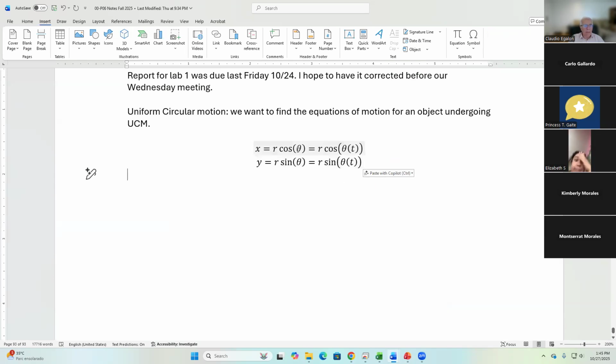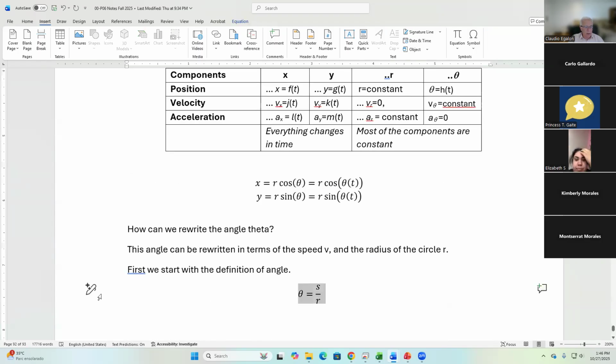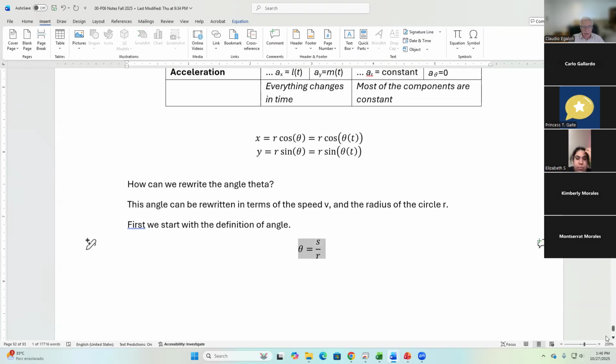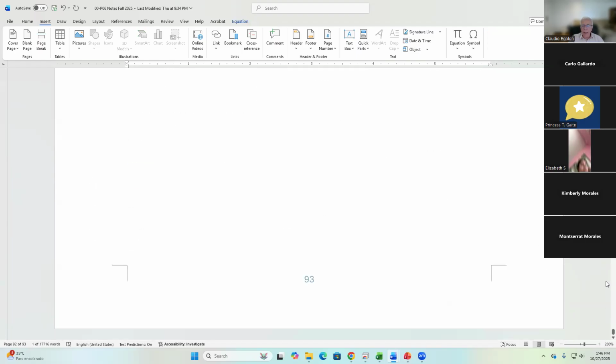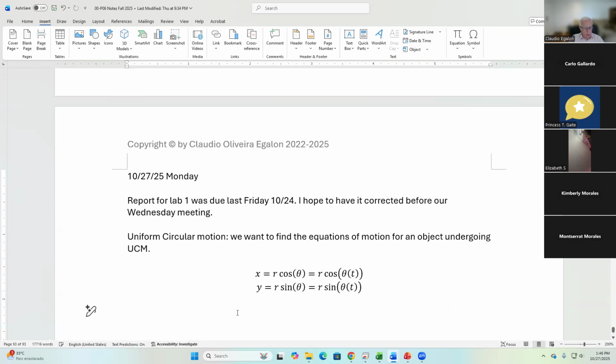And then, what else did I tell you? I told you about the definition of angle. The definition of angle is written there in our last equation. Here we are assuming that the object started. Here you go. That's the definition of angle.